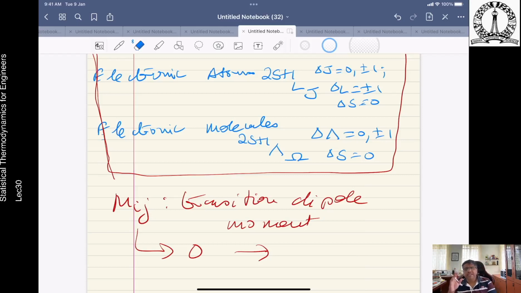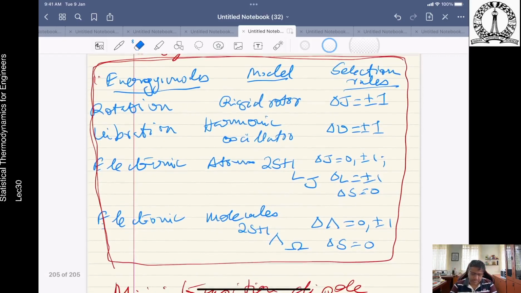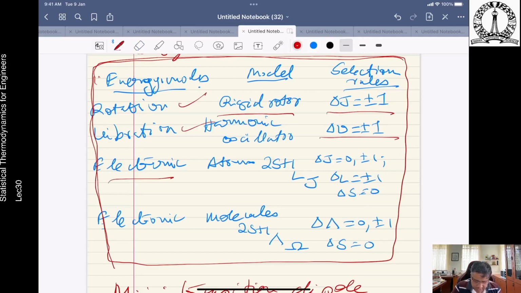The selection rules are given in this particular table. For rotation it is the rigid rotor, for vibration the harmonic oscillator, and for electronic you have this bouquet, depending on whether it's an atom or a diatomic molecule.